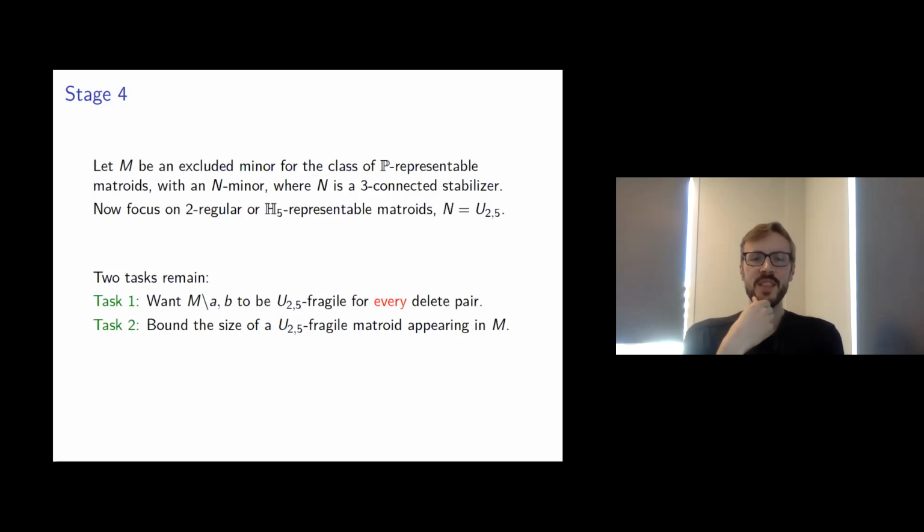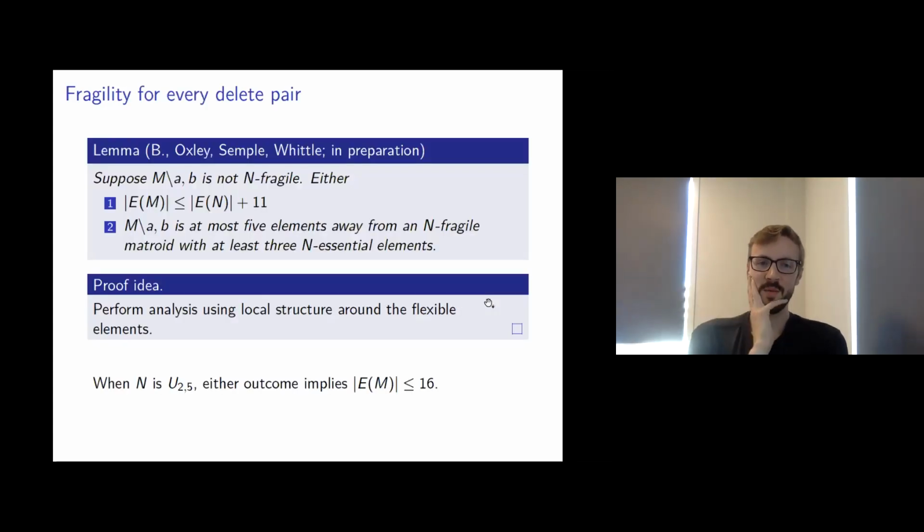Okay, so the first task here, I don't want to say too much about this other than the fact that we get around it using these essential elements. Okay, so in the case that M delete AB is not fragile, so remember in that case there are these up to 5 flexible elements.